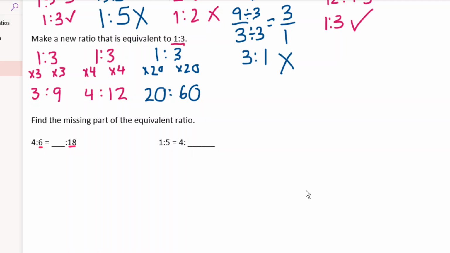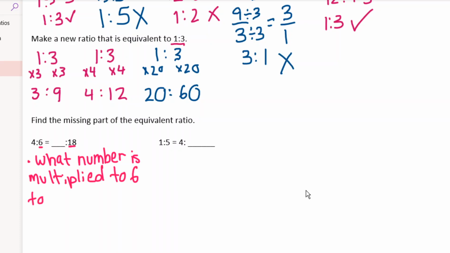And the question we need to ask ourselves is, what number is multiplied to 6 to get 18? We need to figure out what that number is.